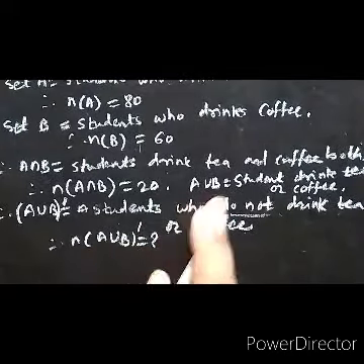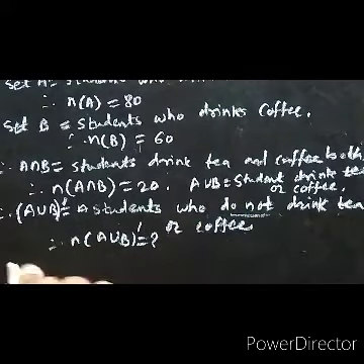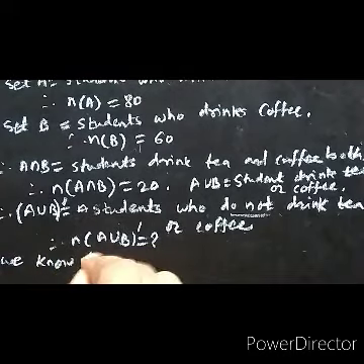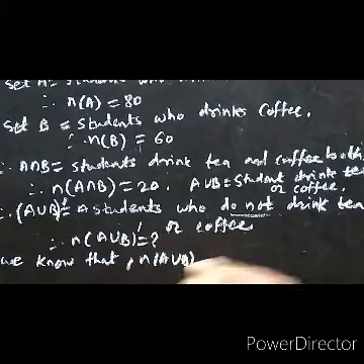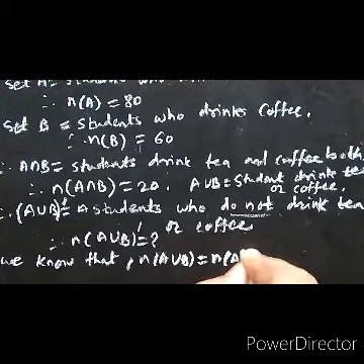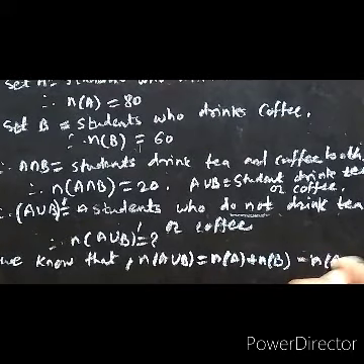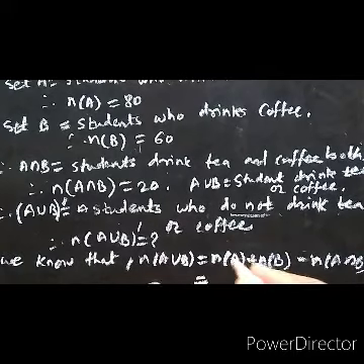Now for this, first we have to find n of A union B. Therefore we know that n of A union B is equal to n of A plus n of B minus n of A intersection B. So keep as it is.